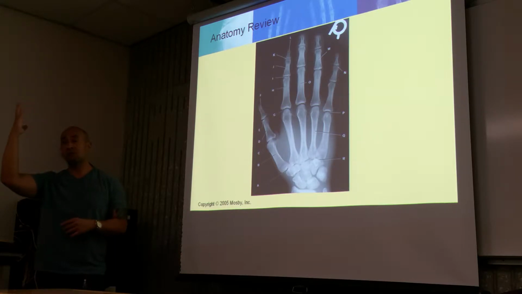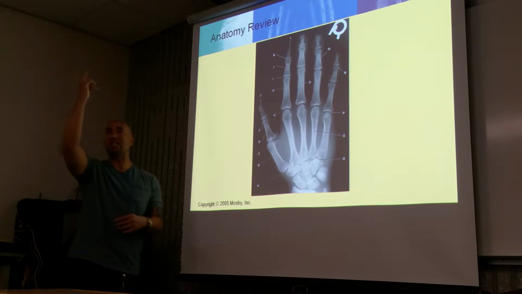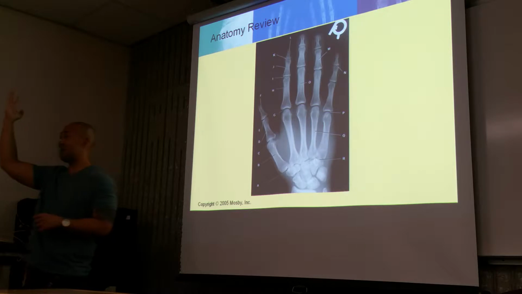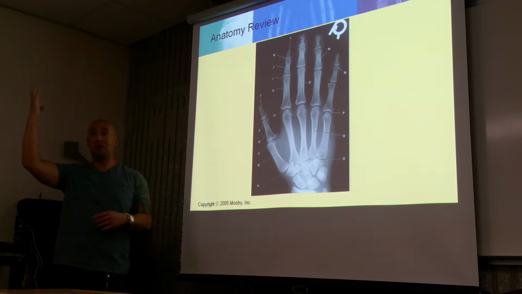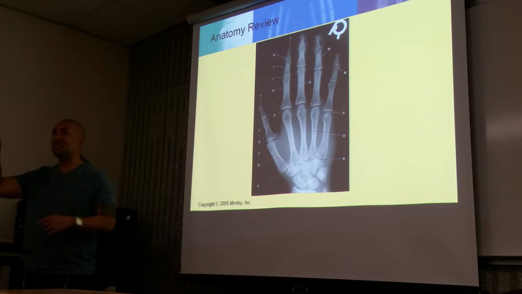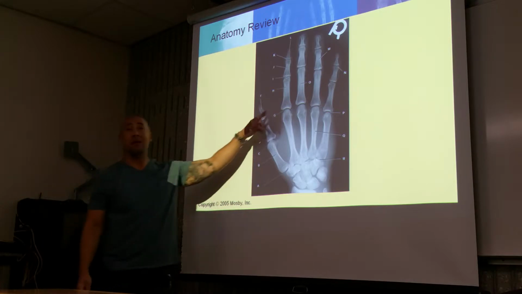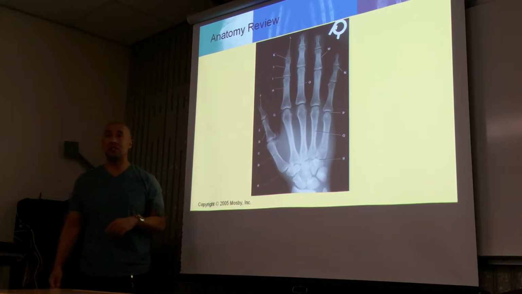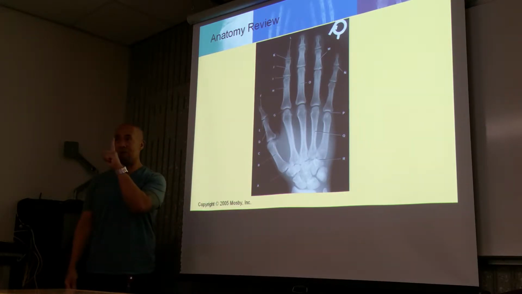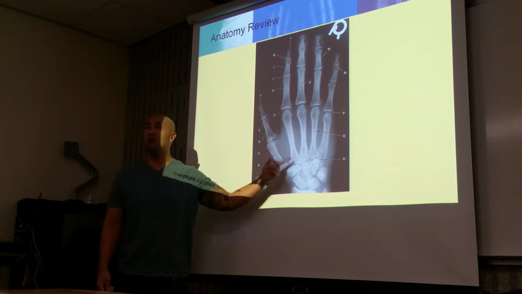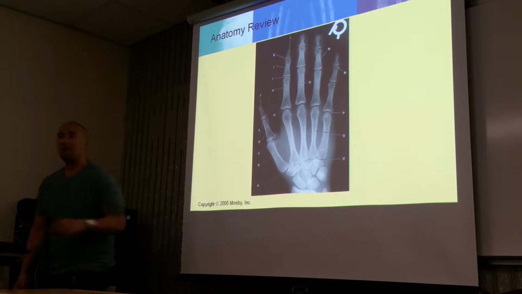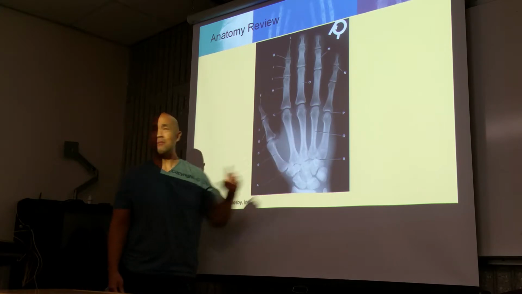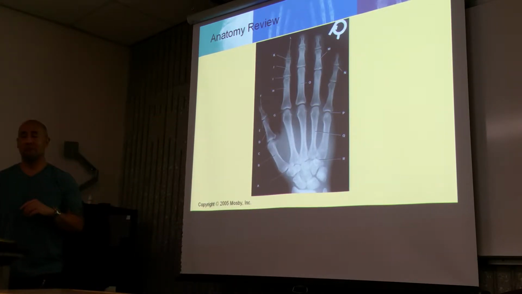How many interphalangeal joints do we have there? 10 or 8? Two apiece on each digit. What are they called? DIP and PIP, distal and proximal interphalangeal joints. How many do we have on the first digit? 1. Good. How many metacarpals do we have? 5. We have 5 total.